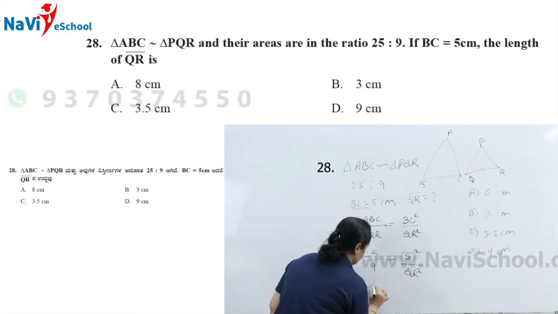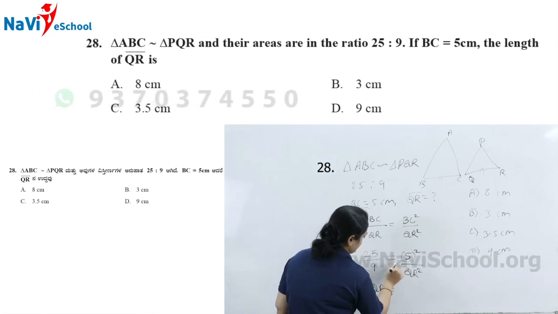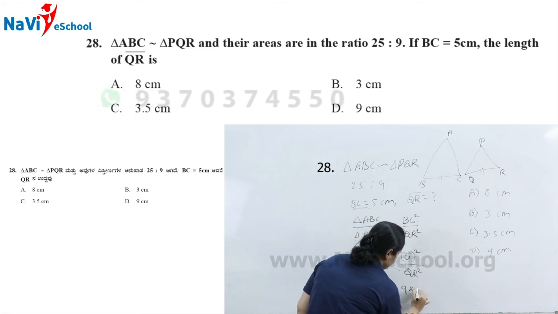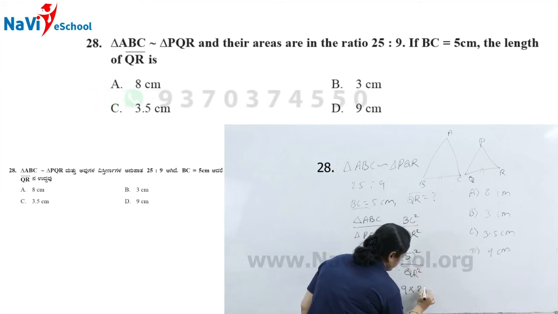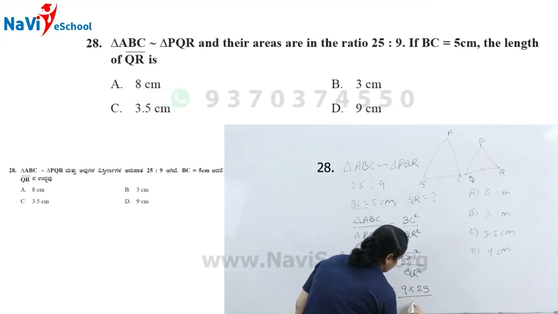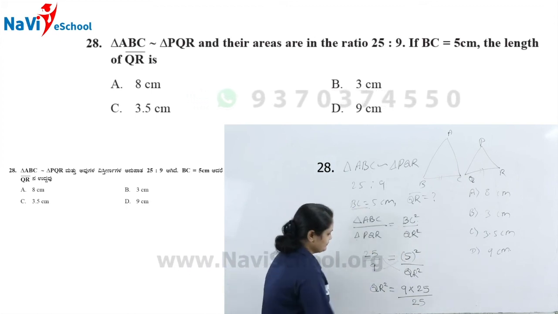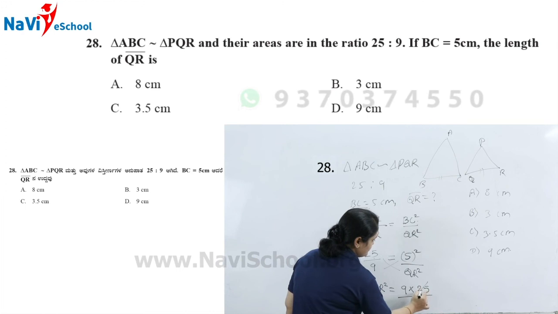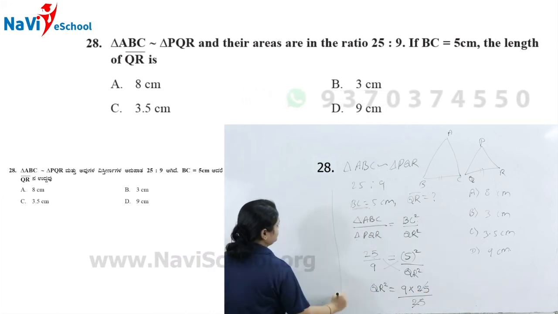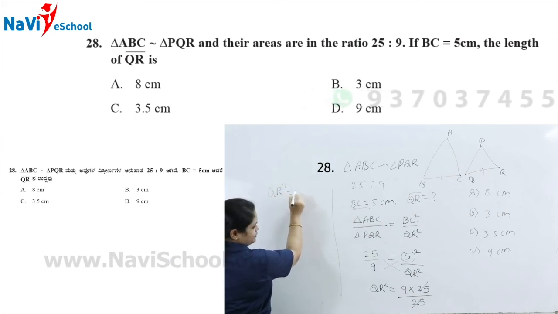So next, QR square is equal to, cross multiply, you will get 9 into 25 whole divided by 25. The 25 and 25 cancel each other. You will get QR square is equal to 9.